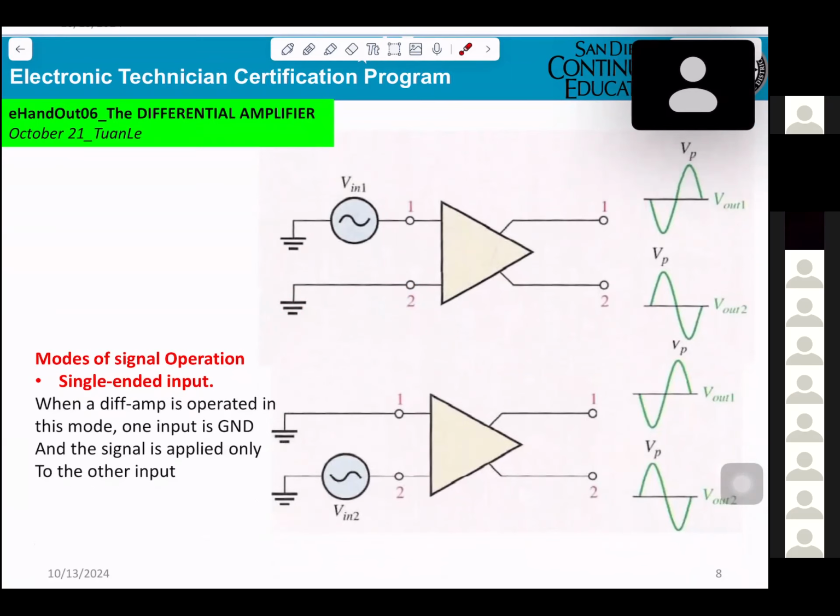And the output, you can get one output at output 1 and another one. They will be opposite. Okay. And the same thing, you can apply to input 1 or you can apply to input 2.